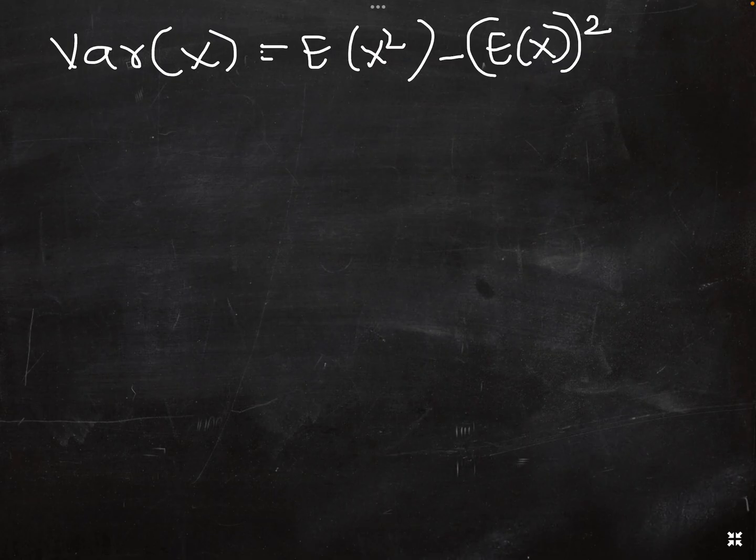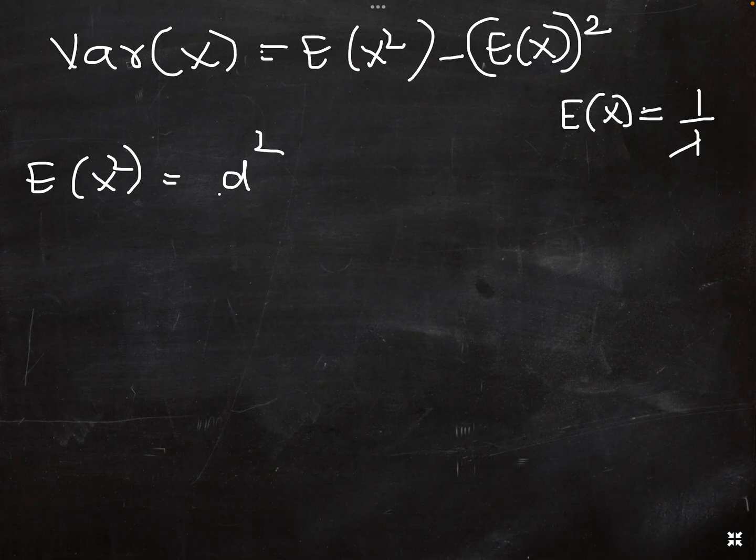We have already found the expectation of X, which is 1 by lambda. Now we have to find the expectation of X square. How do we get the expectation of X square?